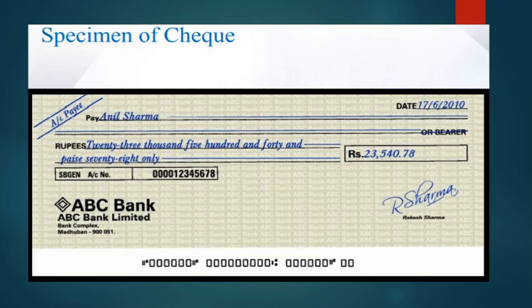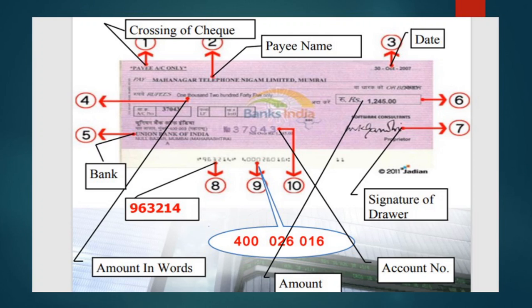Students, here we can see a specimen of check. This picture shows us the various parts of a check like bank's name, signature of the drawer, account number, date, payee name, etc.